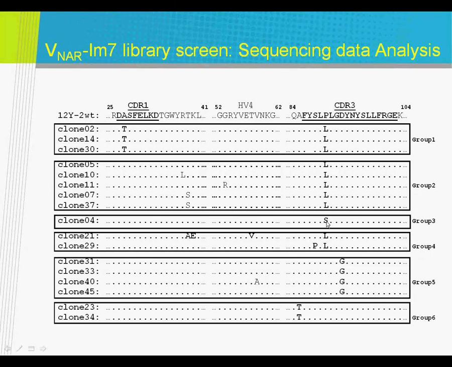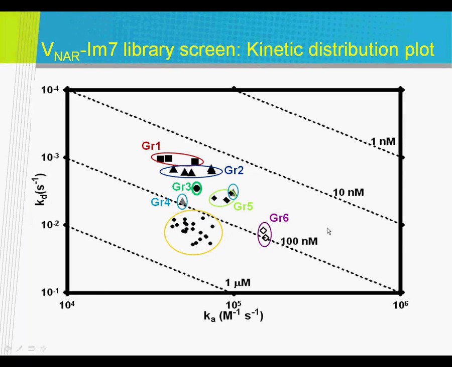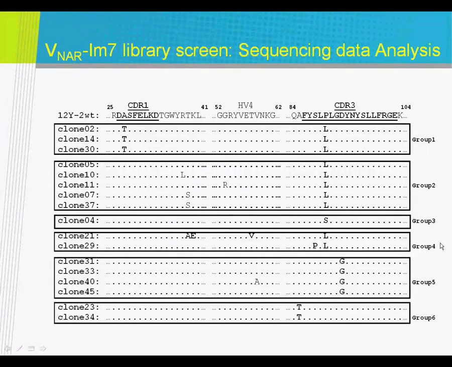And being able to use ProteOn, we were able to do this really fast, obtaining full kinetic data for each clone with every injection, and therefore be fairly confident in our results. So again, this shows the kinetic profiles just to highlight them. Group 1 dissociation rate constant is much slower than, for example, group 4.